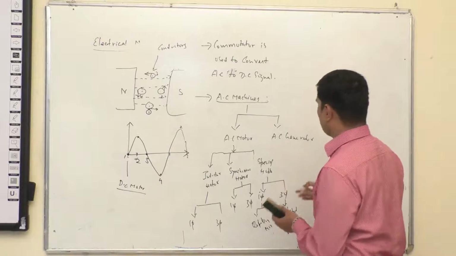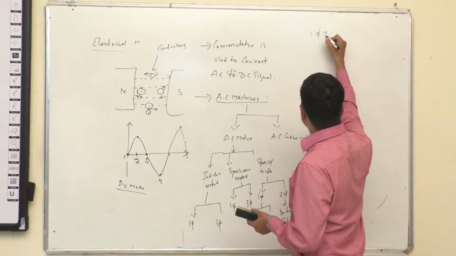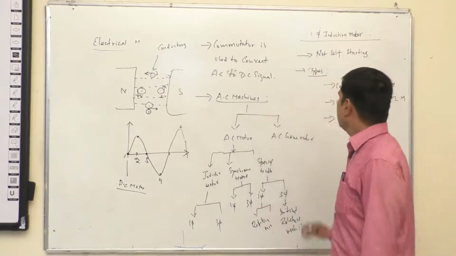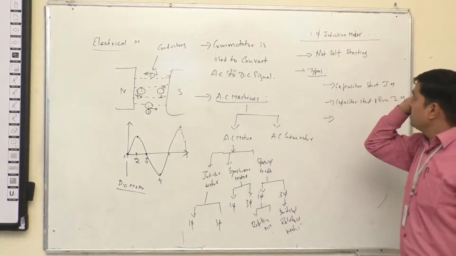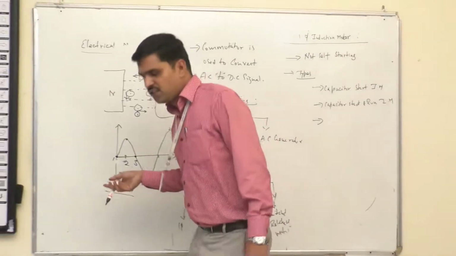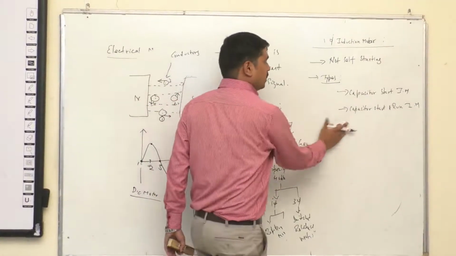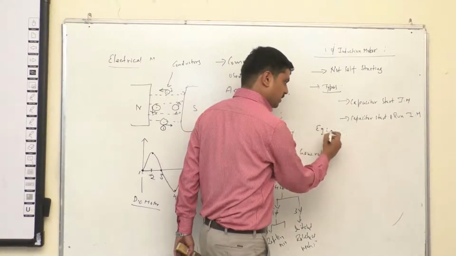First we will see the induction one, single phase induction. It is not self-starting. A single phase induction motor is not self-starting. Its types are split phase, capacitor start, and capacitor run induction motor. One example of a single phase induction motor is this fan.